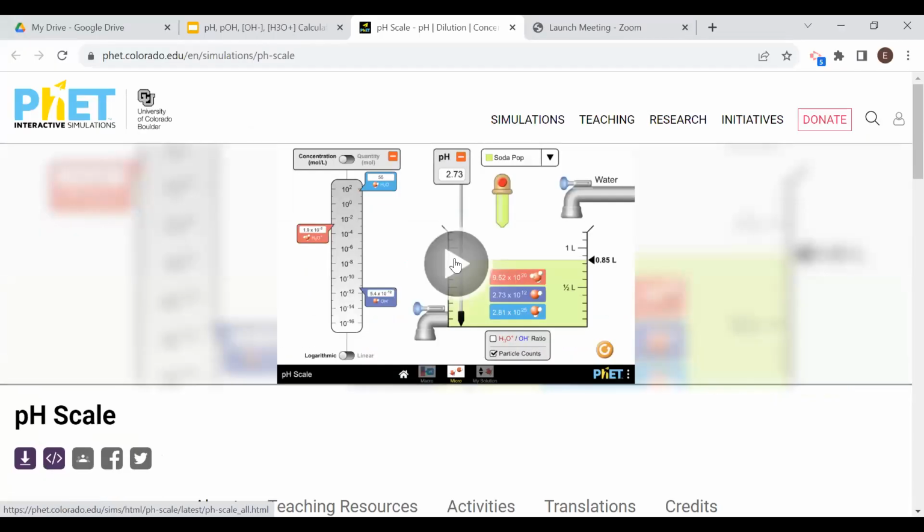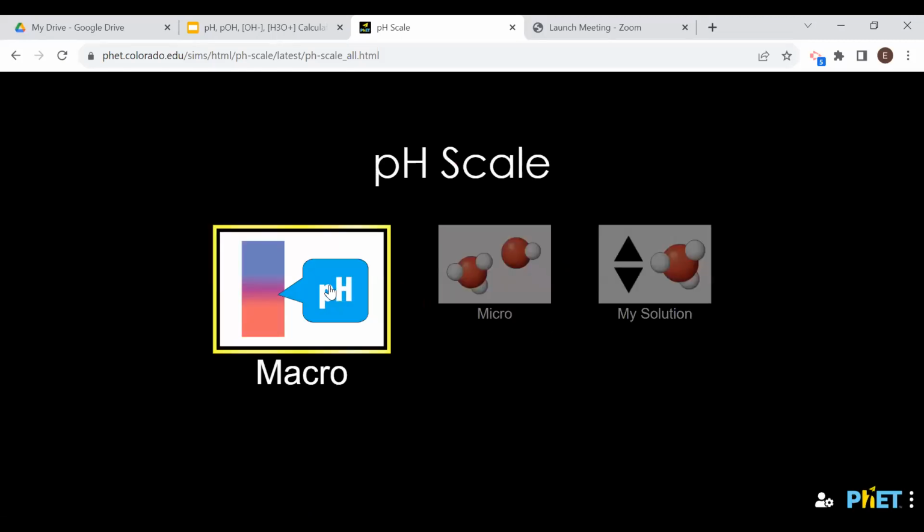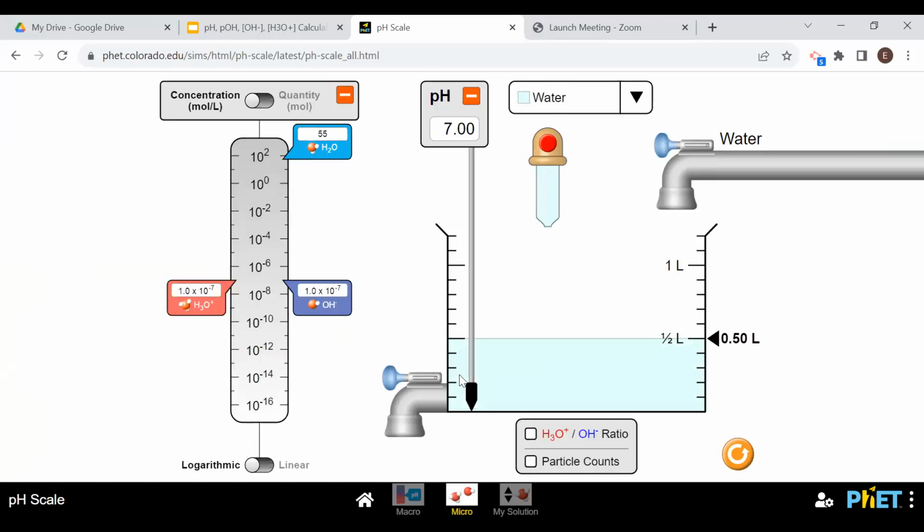Let's look at this pH scale. Okay, let's use this one. Water is pH 7, is neutral. When it's neutral, the hydroxide ion and hydronium ion concentrations are equal, and that's what we see here.